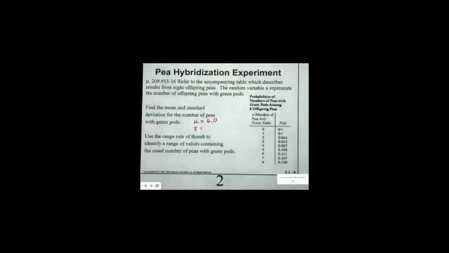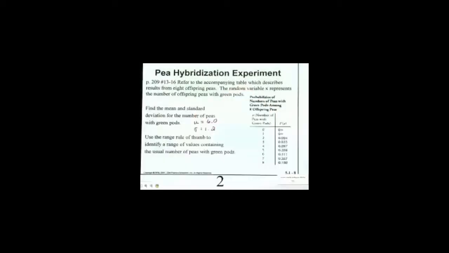Okay, and if we're going to round to 1 decimal place, it would be 1.2. So we can use the range rule of thumb to identify the maximum usual number, what we would not be shocked about, and the minimum usual number, and we could give a range of values that we would consider not shocking.